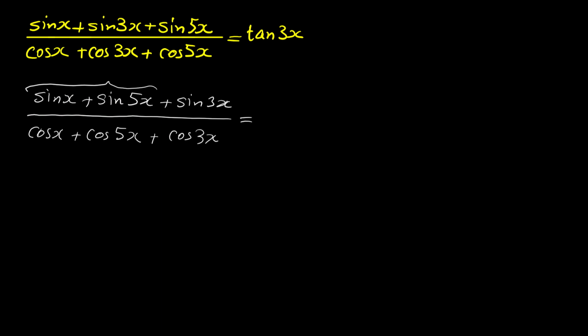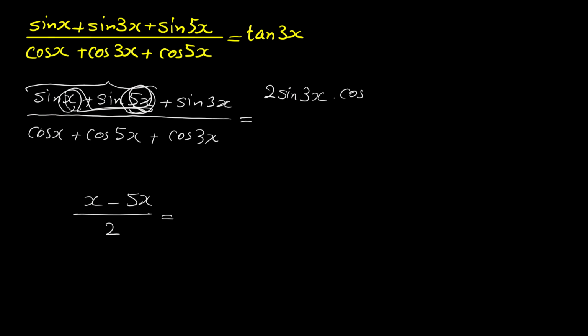If you remember, this equals 2 sine of the sum of the angles over 2. x plus 5x is 6x, divided by 2 is 3x, times cosine of the difference of these angles over 2. x minus 5x over 2 would be negative 4x over 2, and this equals negative 2x.